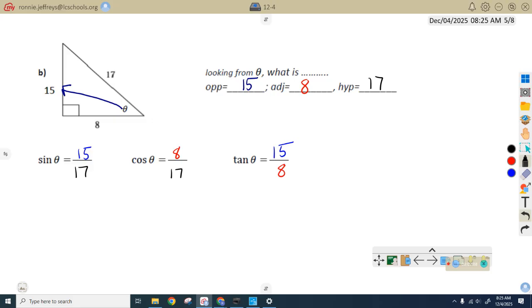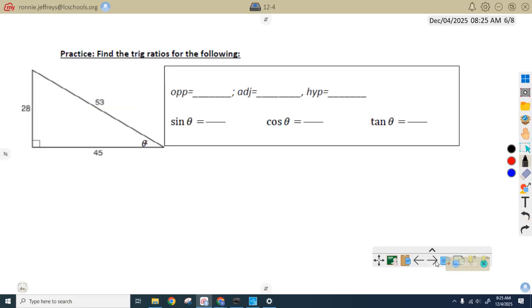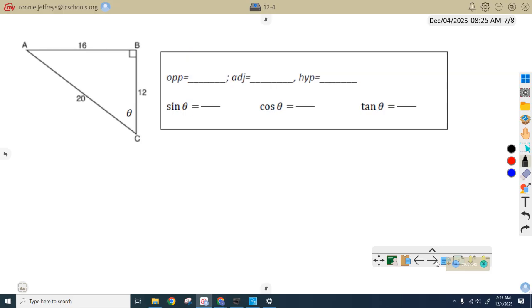All right, now this should be straightforward. I know it's not written down, but you have to fill out these blanks. You have to find the opposite, adjacent, and hypotenuse before you find sine, cosine, and tangent.